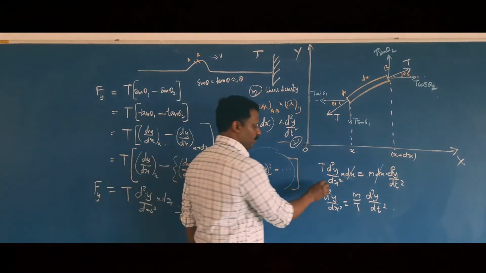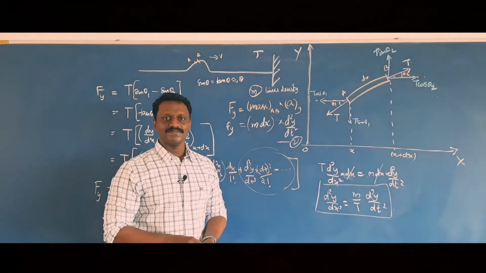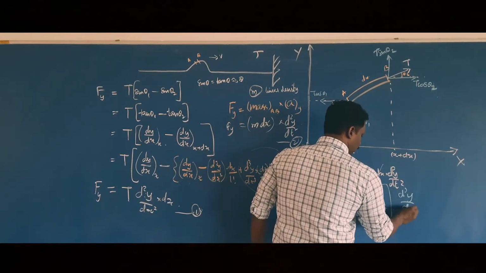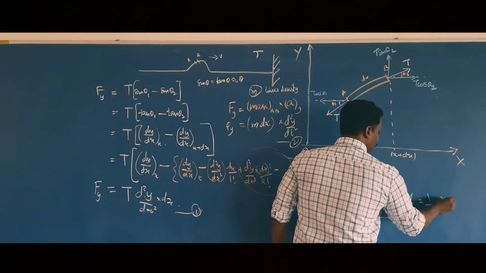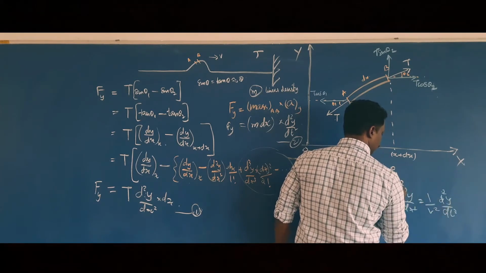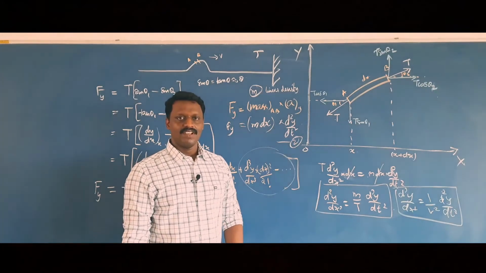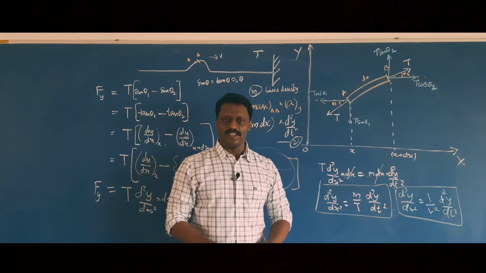Now this equation is a wave equation. If you remember, d square y by dx square is equal to 1 by v square d square y by dt square, the differential equation of a wave in one dimension. Now comparing, we have m by T is equal to 1 by v square.